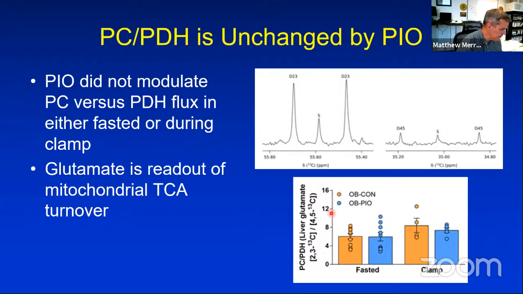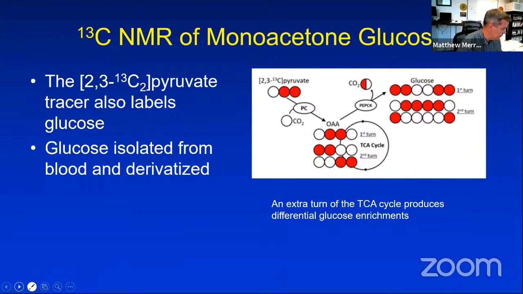So you can see here in OB control versus PO, there's just absolutely no change in the PC to PDH ratio. And in a clamp, it was not significantly different either. So I guess we shouldn't have been overly surprised by this. If the mitochondrial pyruvate carrier is really controlling what's happening, then that would suggest that we might expect this sort of result.